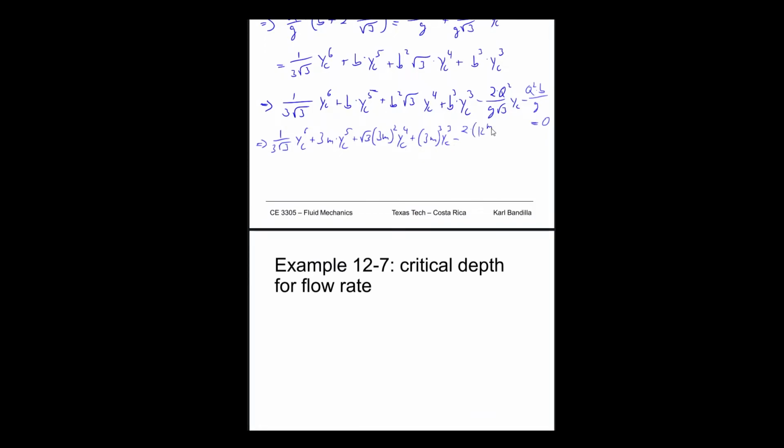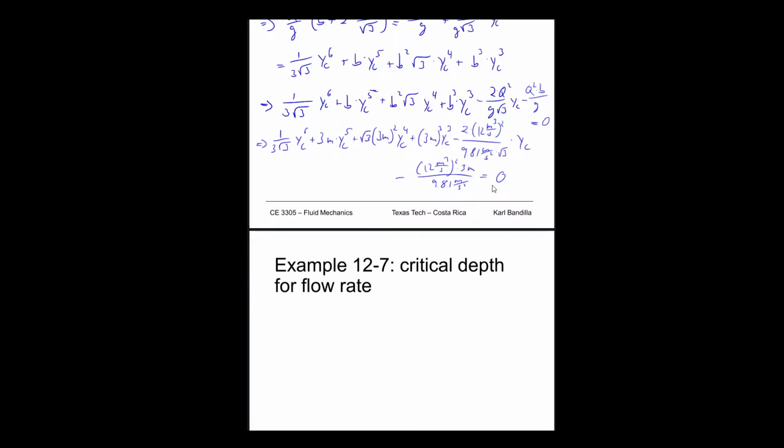times 12 cubic meters per second squared divided by 9.81 meters per second squared times the square root of 3, there we go, times yc, and then the last one we're going to stick down here, minus 12 cubic meters per second squared times width, still 3 meters at the bottom, divided by 9.81 meters per second squared, equal to 0.